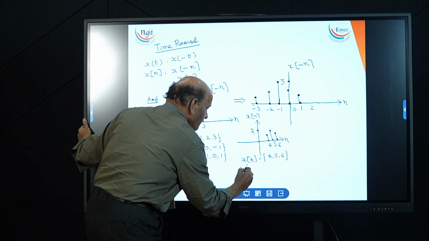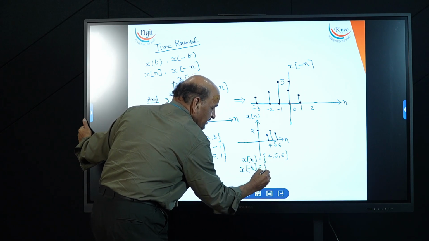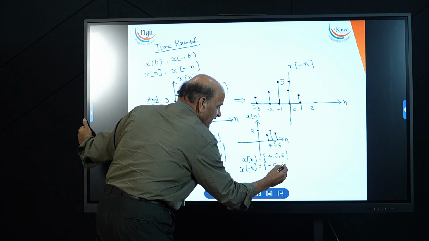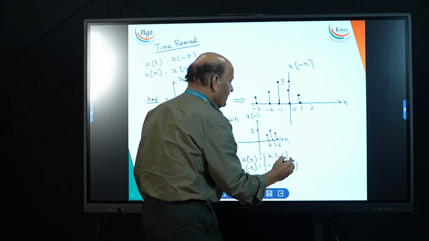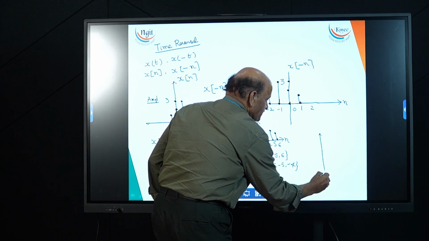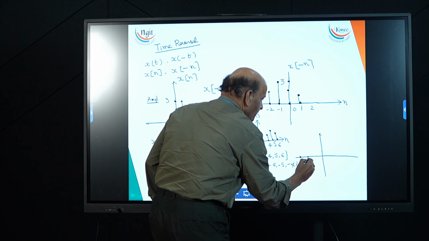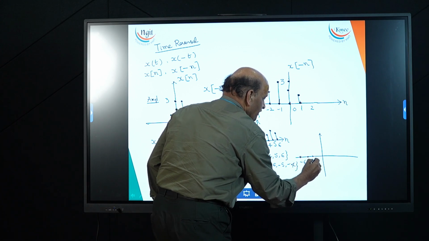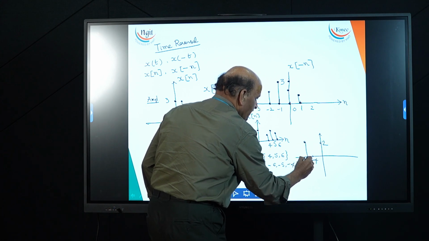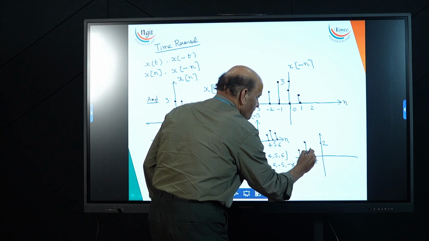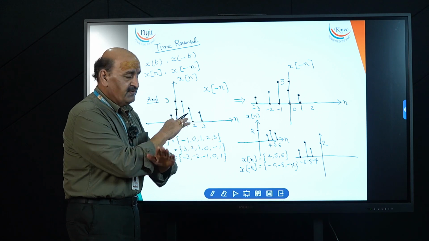Now for x of minus n, just reverse and multiply with minus: minus 6, minus 5 and minus 4. Amplitude is 2, same amplitude, so the graph will be like this. This side is the reverse replica.